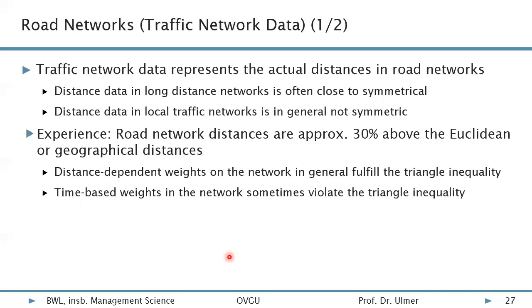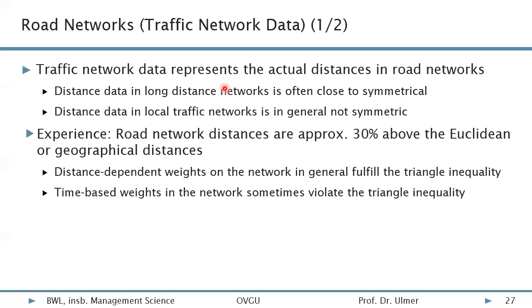And a little more on road networks. If we look at distances, in a road network, we really represent the distances we travel on the road. If we travel long distance, it's usually close to symmetrical.